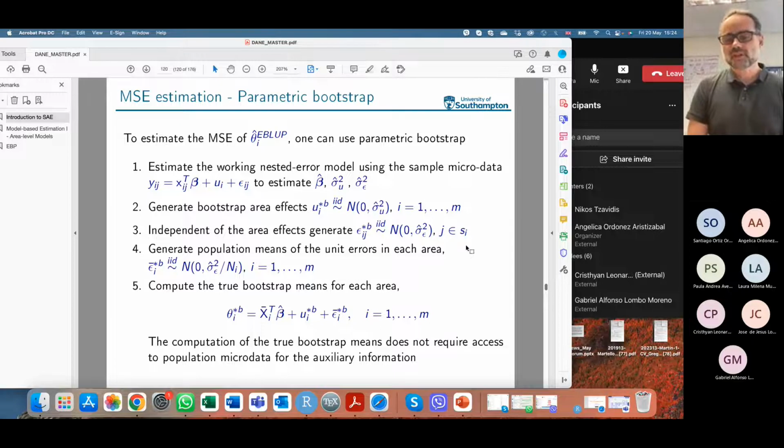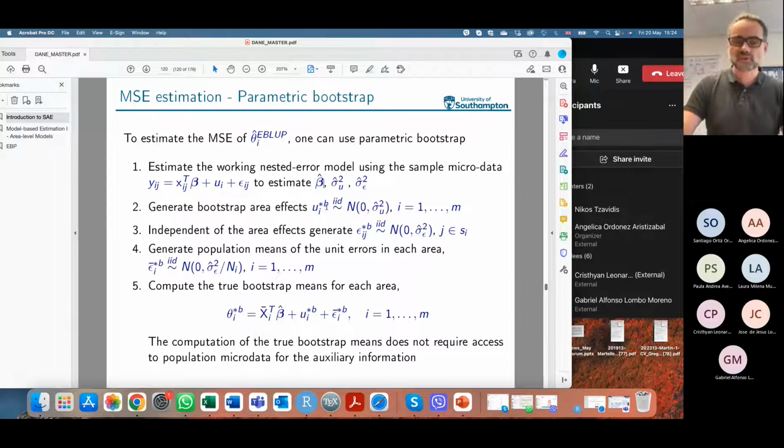So the second step effectively generates bootstrap area effects under the model, and under the model, we know that the u_i, the random effect, is assumed to be normal with mean 0 and variance sigma squared u. In order to generate bootstrap versions of the random effects, you generate u_i stars. Remember that stars represent quantities in the bootstrap world, and b represents an index for the bootstraps, because we're going to repeat this bootstrap multiple times.